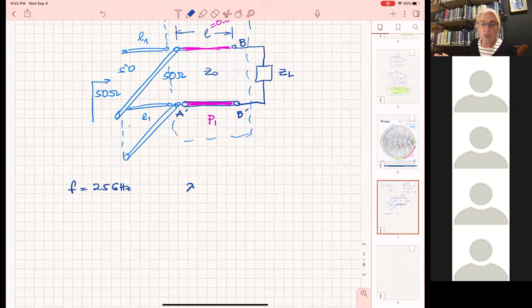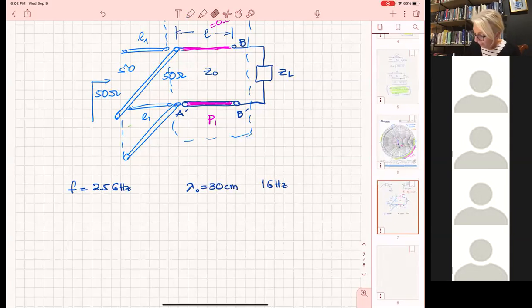At this point, it's not exactly that; if you use microstrip, your wavelength is going to be a little smaller. But now, let's assume that we are in free space. You need to remember that the wavelength at 1 gigahertz is 30 centimeters.